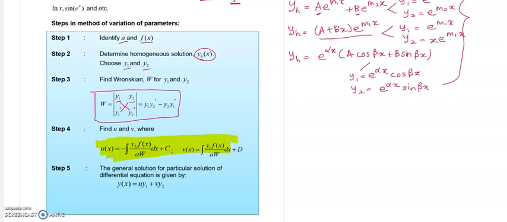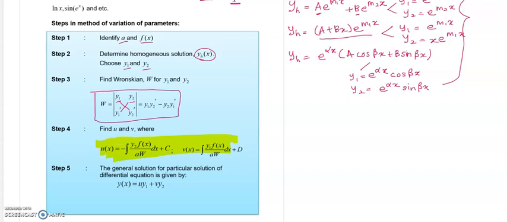All of the elements in u are taken from the previous steps: y2, f(x), a and W. And for v, it is the integral of y1 times f(x) over aW dx.